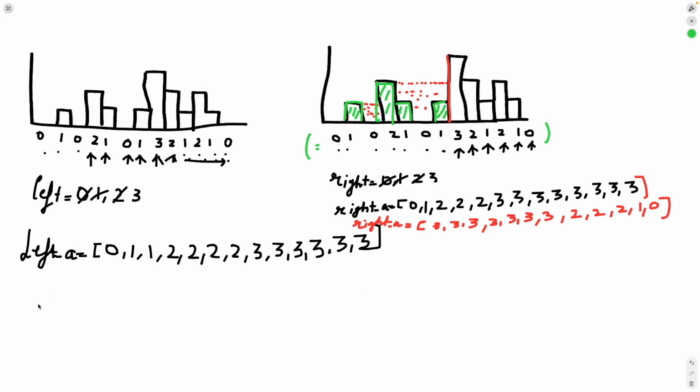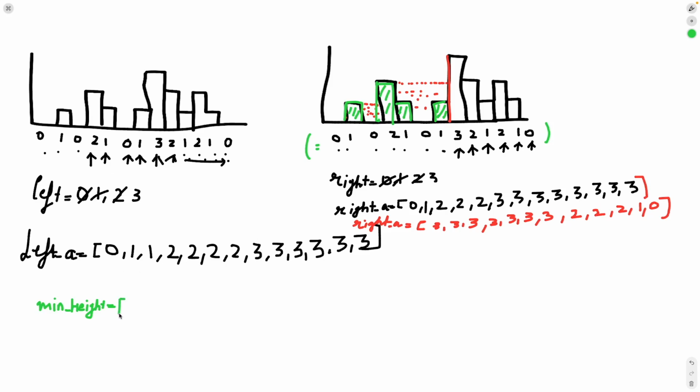So now I need to calculate the minimum height. Why do I need to calculate the minimum height? Because if you remember the example of the bucket, it can only store water based on the minimum height of both the left side and the right side. So this is my right array, this is my left array. I will just calculate the minimum of these two.